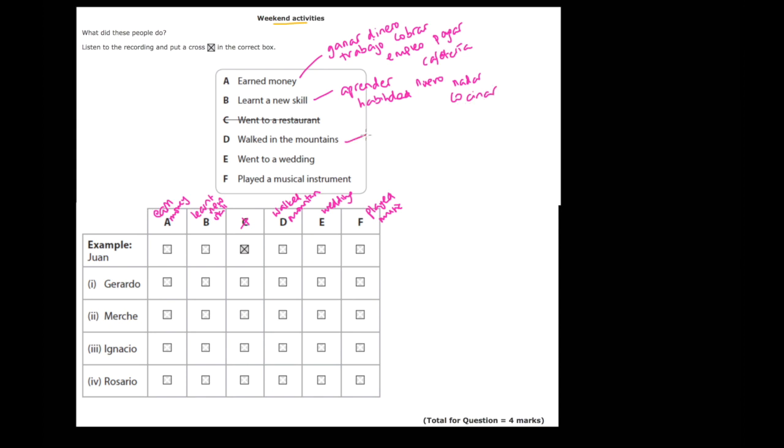Walk in the mountains. We know that to walk is caminar, but I've also got other words for to walk, for example, pasear. Mountains is montaña. And I've also got words like montañismo, like hiking. So I might hear any of these or others. Went to a wedding. I know that wedding is boda.